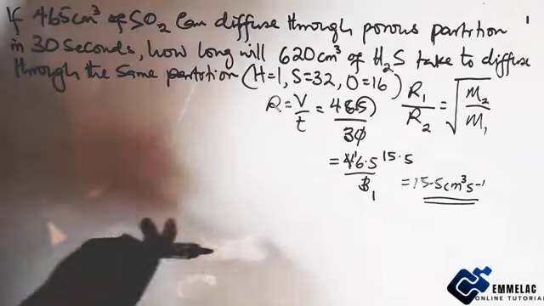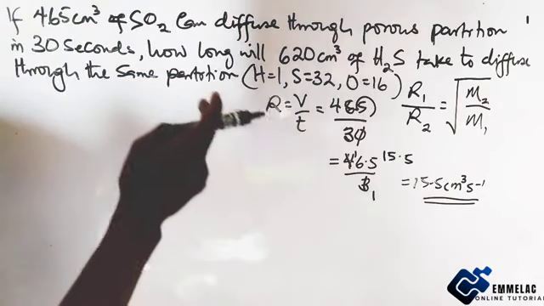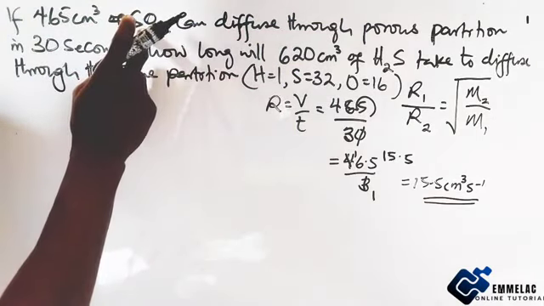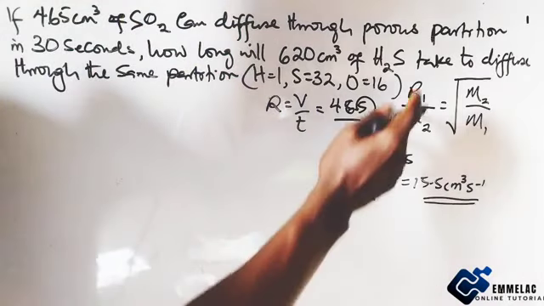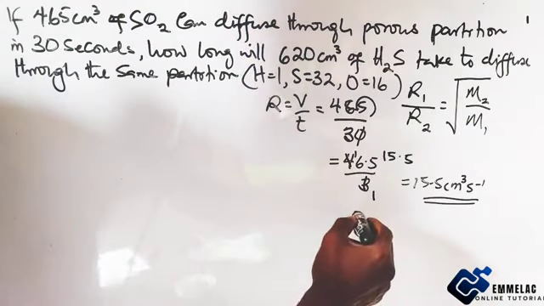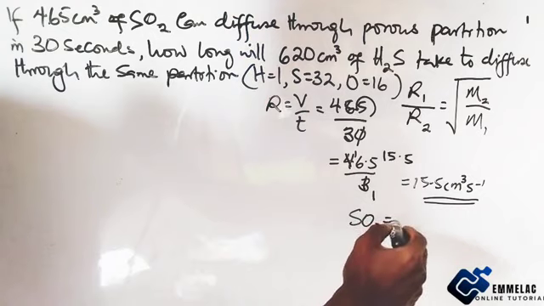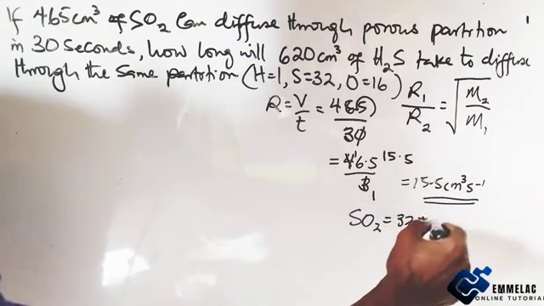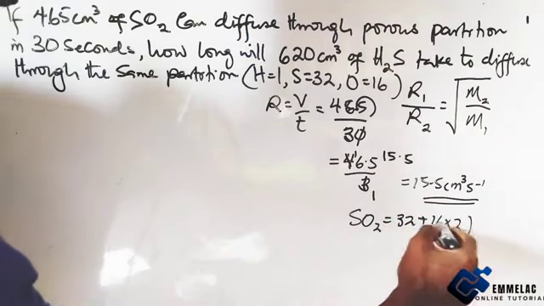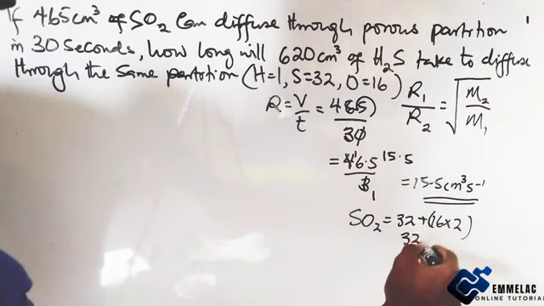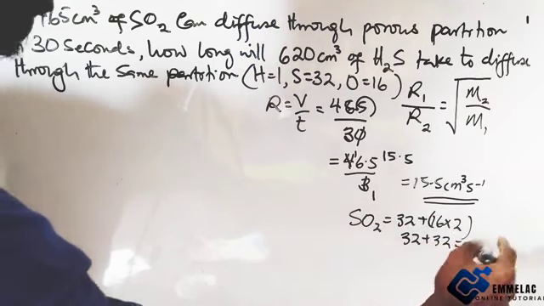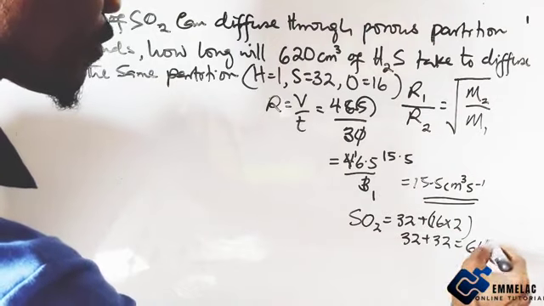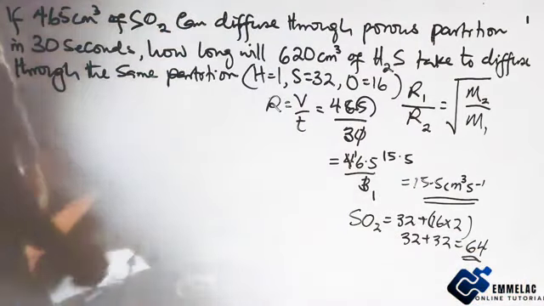Now let us find the molecular mass of sulfur oxide here. We are given that it will give us 32 plus 16 times 2, which is 32 plus 32, which gives us 64 gram.